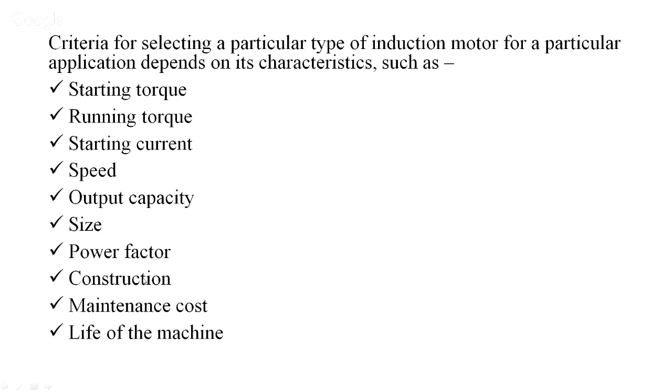Construction is whether it is squirrel cage, slip ring, maintenance cost, and life of the machine. So if a particular motor has to be selected for a particular application, then depending on the application and depending on the characteristics of the machine, the selection will be done. So these are the list of characteristics.